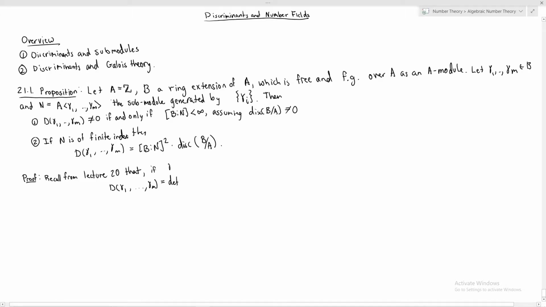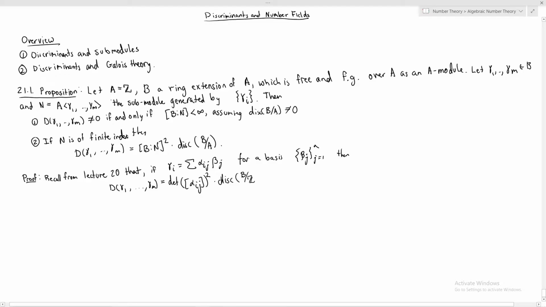So if gamma sub i equals alpha ij beta sub j for a basis beta sub j, j equals 1 to n, then this guy is going to be the determinant of these alpha ij's, that determinant squared, times the discriminant of these beta sub j's, which is the discriminant of the extension.